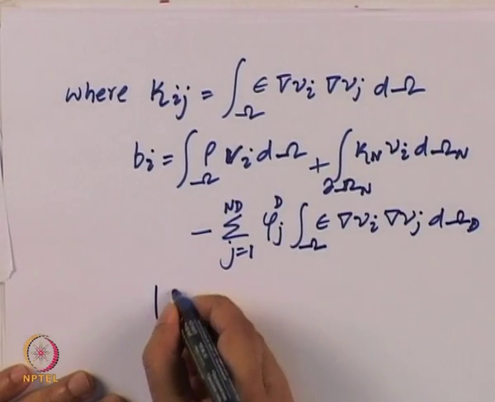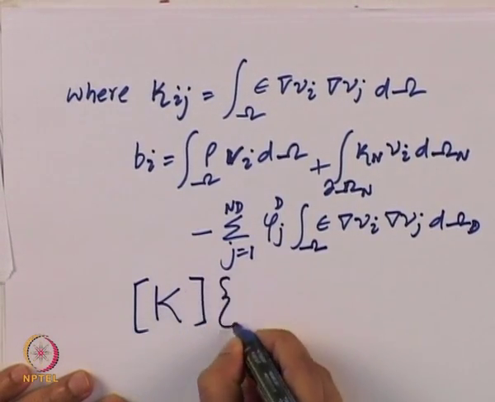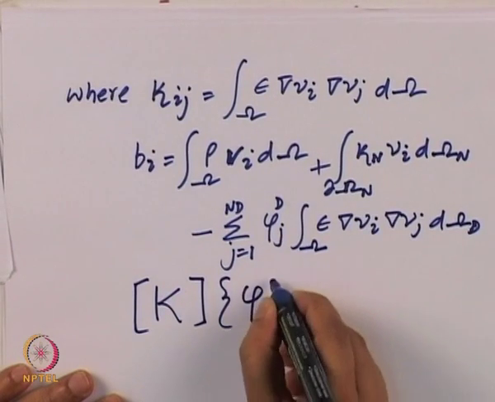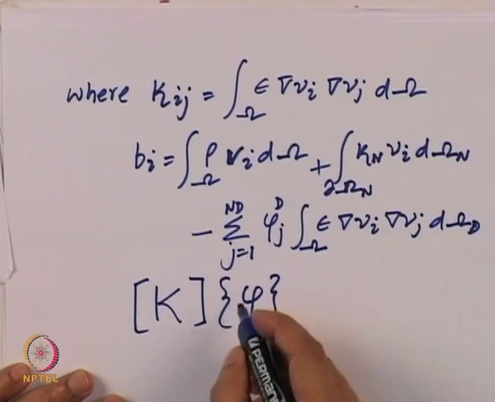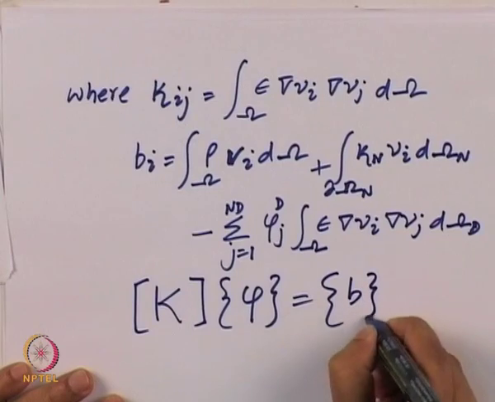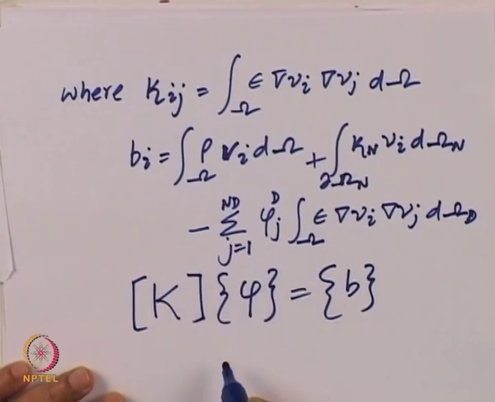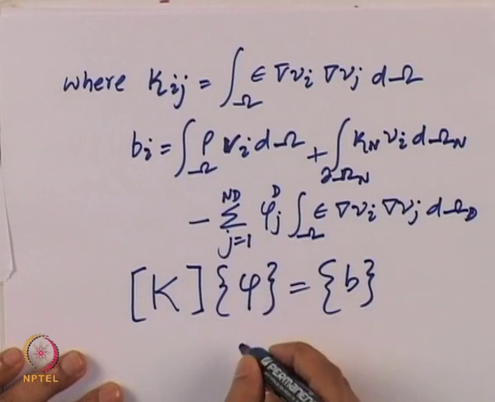So what we have got is an expression form. This is nothing but the K matrix multiplied by the potential vector that we have to compute, equal to the B vector. The potential will be a vector, and the number of rows will be the number of nodes multiplied by 1.